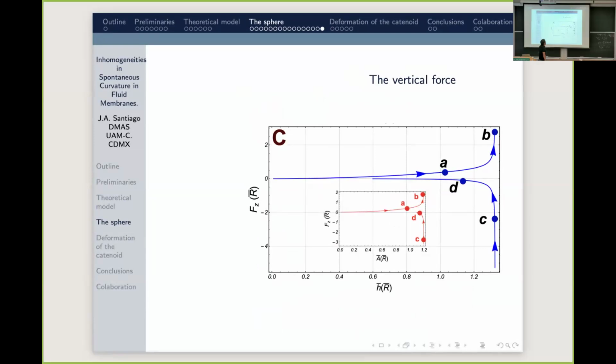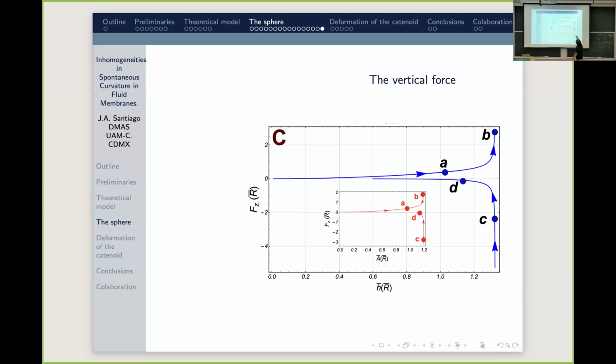We have the force. Recall that this force is a constant, but there is a critical catenoid. That is the same catenoid as with the soap bubbles, the instability, right?